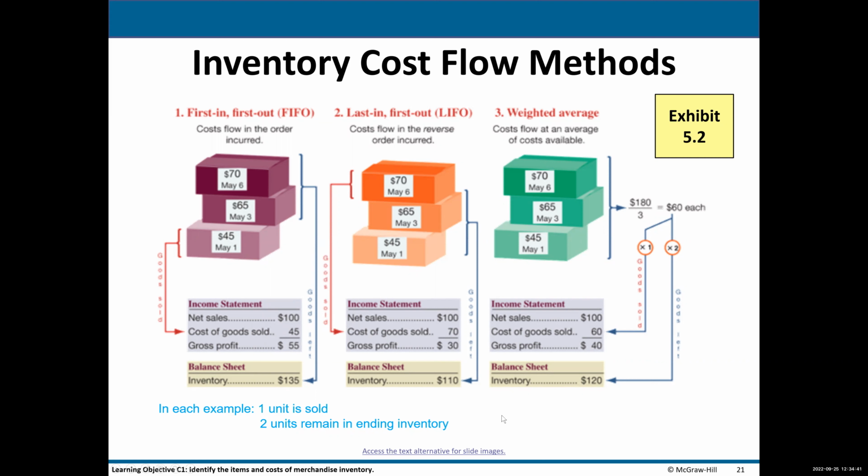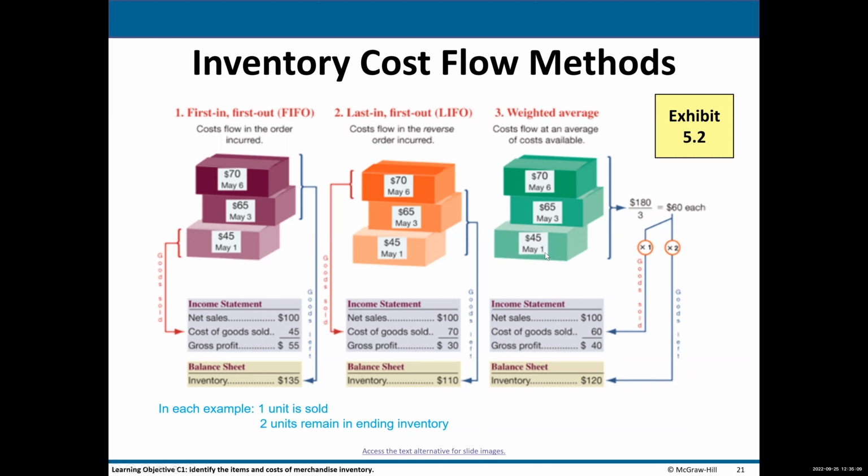Now, the last one is weighted average. We have the same 3 units and everything. They cost the same. But what we're going to do to calculate this, these are the items available. We're going to add them all up to find our total cost available, right? 45 plus 65 plus 70. That's $180 for all 3 of them.